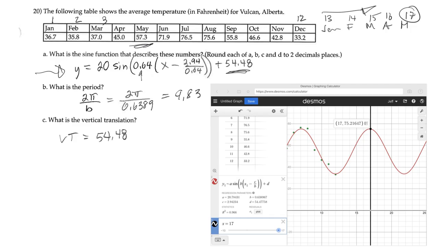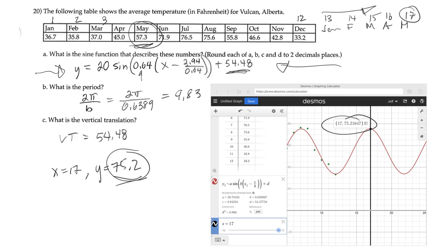So that point there, so when x is 17, then y is 75.2, call it. And that's the temperature. That's interesting how that's quite a bit different than what I would have thought. When you compare with this May, that May is quite a bit different. So I might call into question my actual function to see if that's correct.